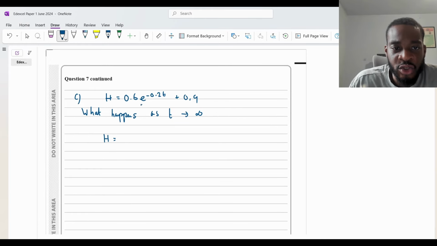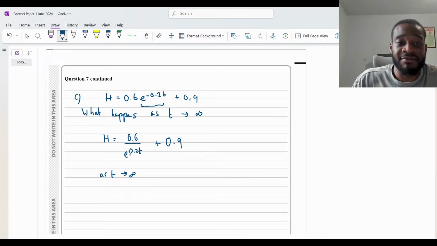It's more elegant. So that minus there tells me I can actually write this as 0.6 divided by e to the 0.2t and then plus 0.9, like that. What happens as t gets really big here, right? This denominator is going to be massive, isn't it? It's going to get really, really big.